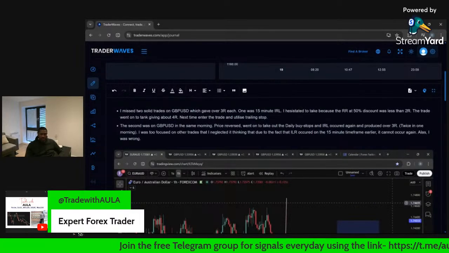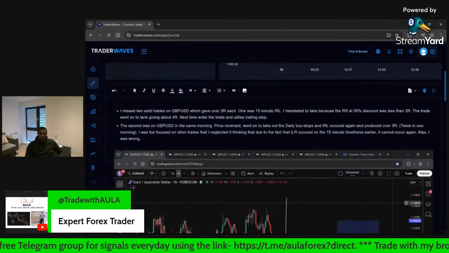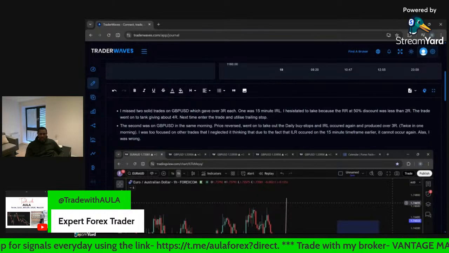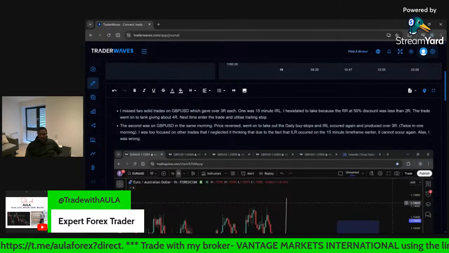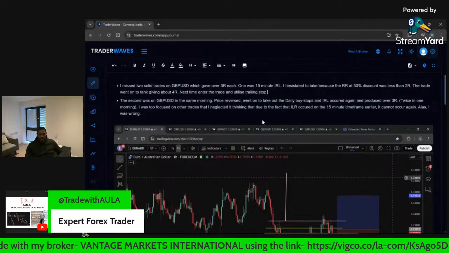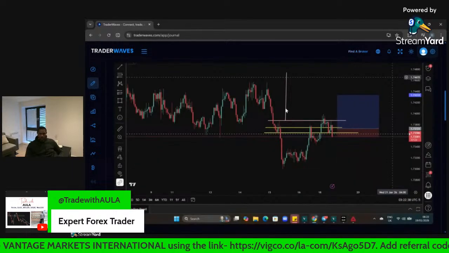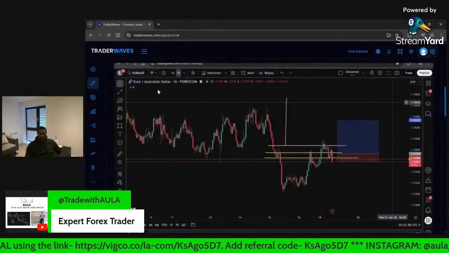So I said I missed 2 solid trades on GBP/USD, which gave over 3R each. One was a 15-minute IRL, which is the kind of trade we tried to trade earlier on. I hesitated to take it because of the IRL at 50% discount and all that. So these are the trades I took that day. I took Euro Aussie.